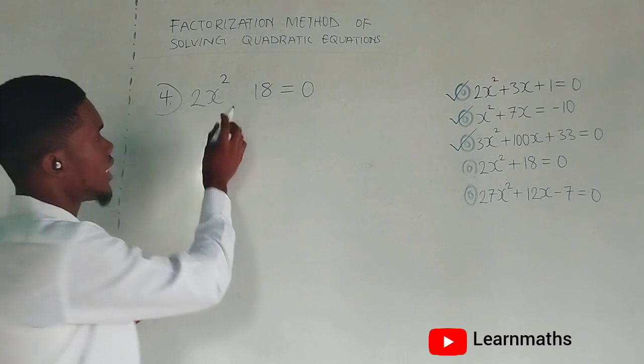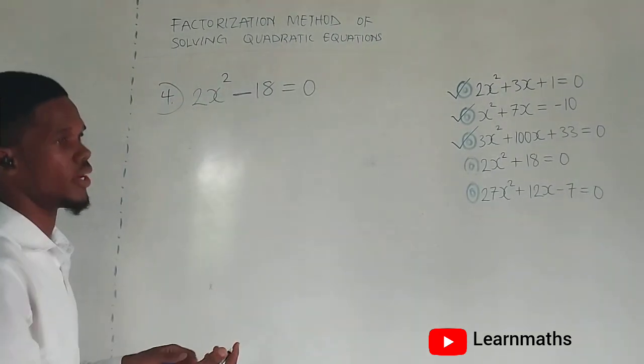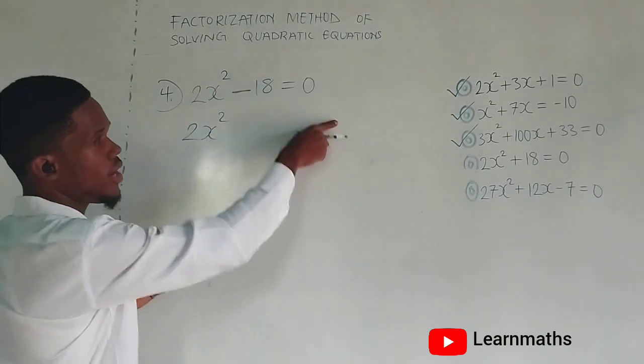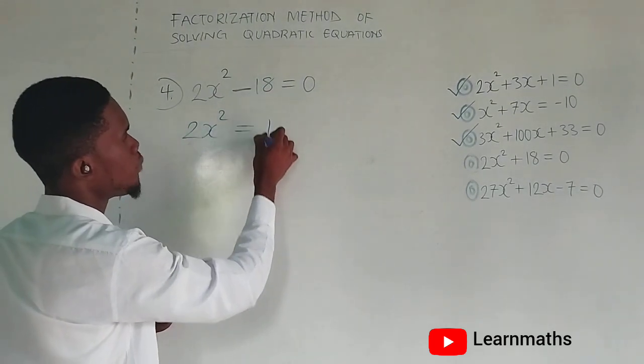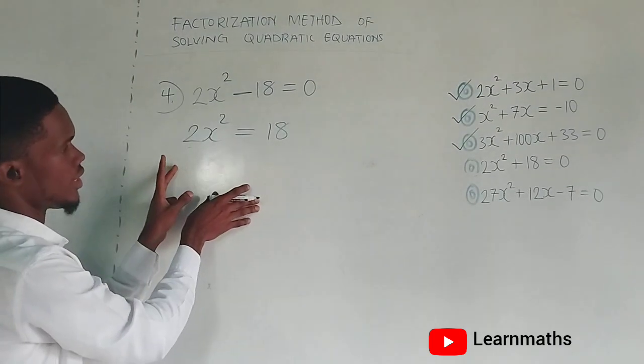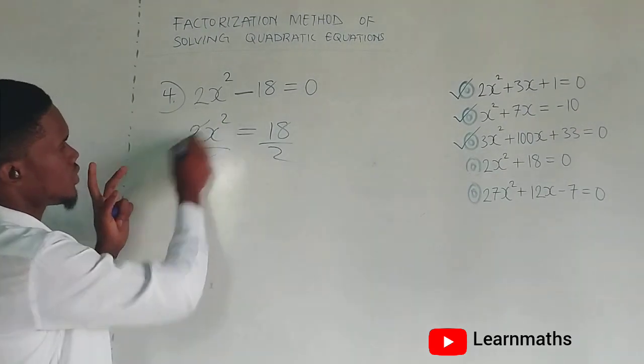So assuming the sign there was negative 18, this is what we are going to have. We're going to send the negative 18 over the equal to sign to become positive 18. Now that we've arrived at this point, we're going to divide both sides by 2. So the 2 can clear this 2.